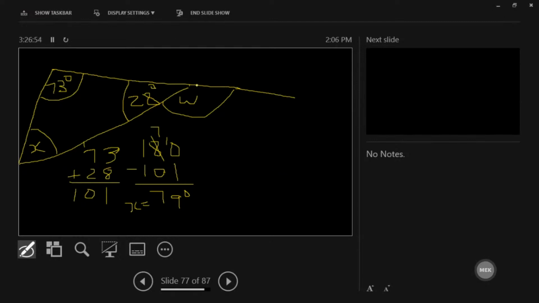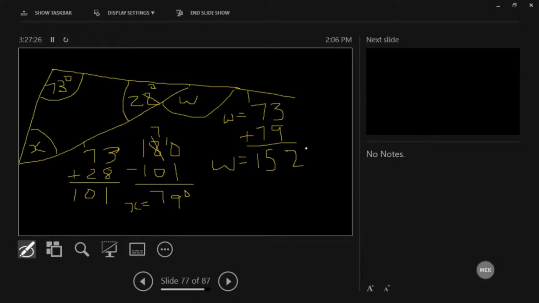So there are two ways we can find W. We know that W is the sum of these two opposite interior angles, and since we just found X, we could find W by adding the 73 and the 79. That's one way, and we would get 152 degrees.